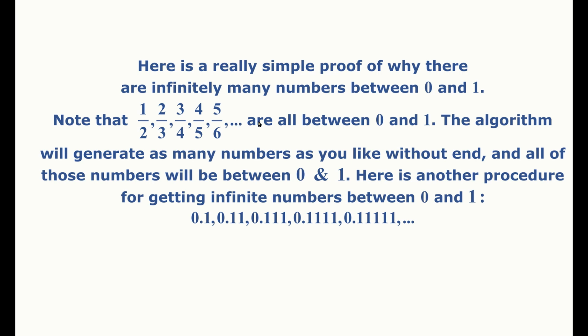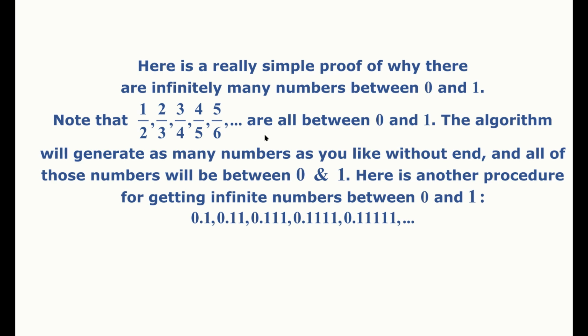Notice this process, you can define it and it can go on forever, right? There's no reason for this process to end. And all of them will be proper fractions with the numerator less than the denominator. Therefore, all of them will be numbers between 0 and 1. So here is a very simple and cute proof of the fact that there are infinitely many numbers between, for example, 0 and 1.